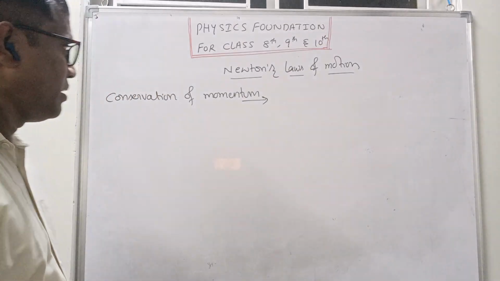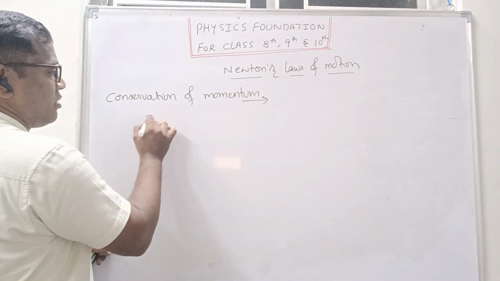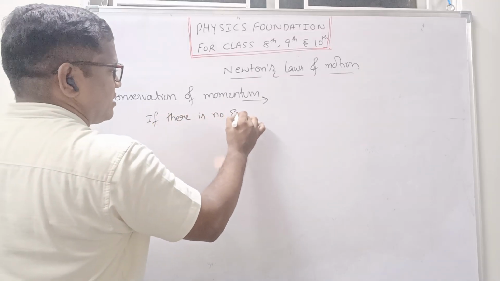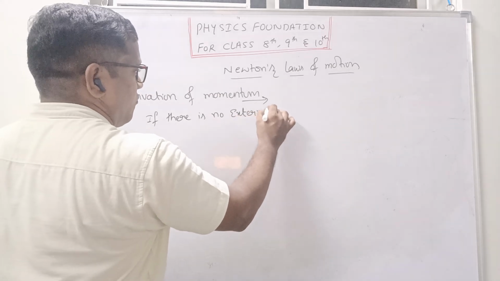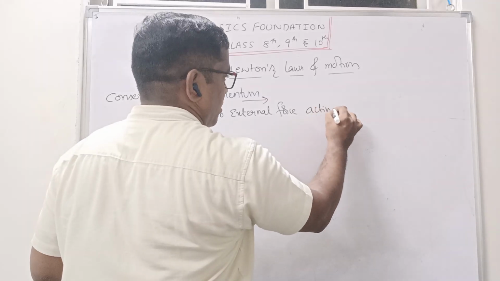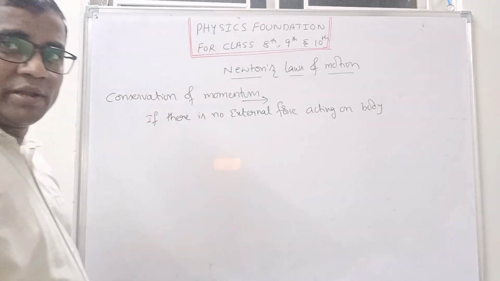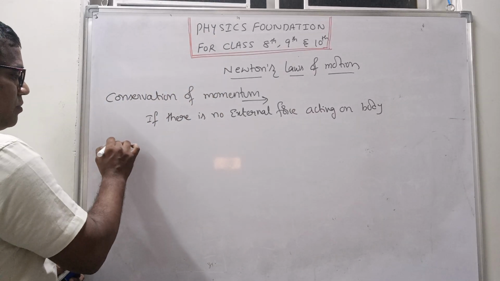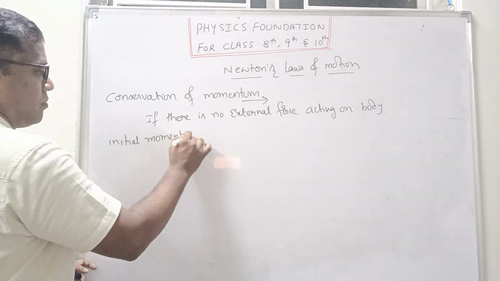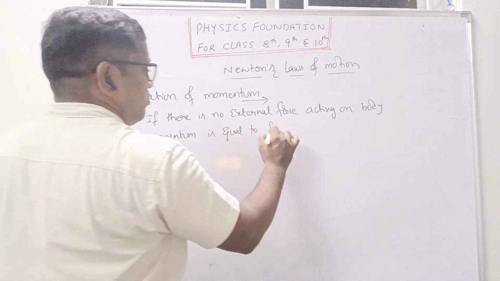So we will write here: according to the law of conservation of momentum, if there is no external force acting on the body, initial momentum is equal to final momentum.